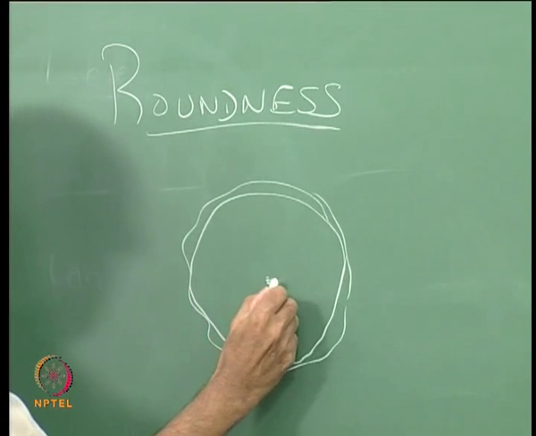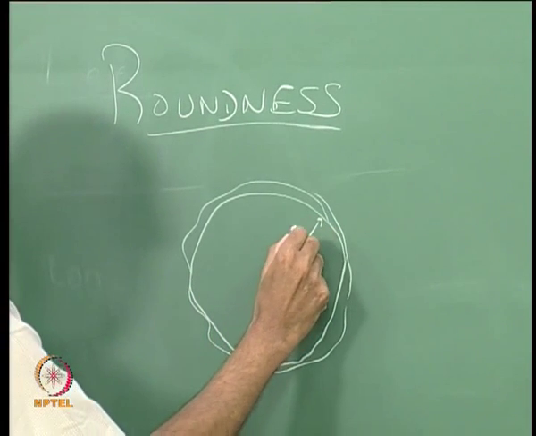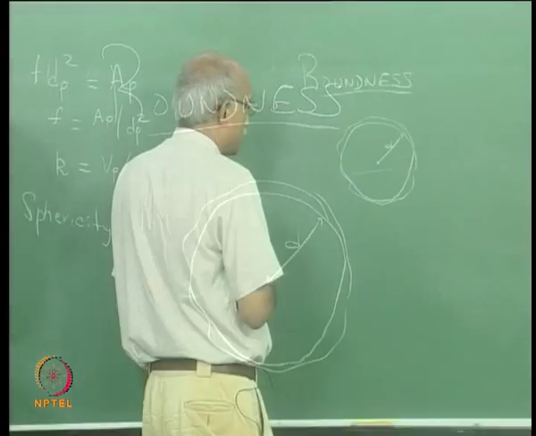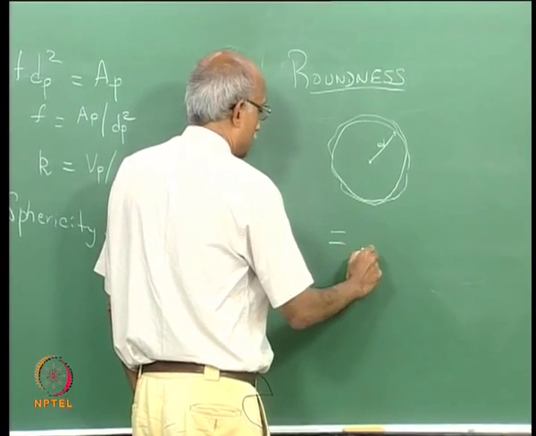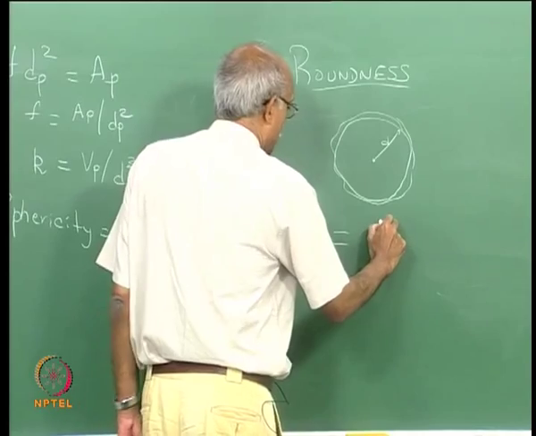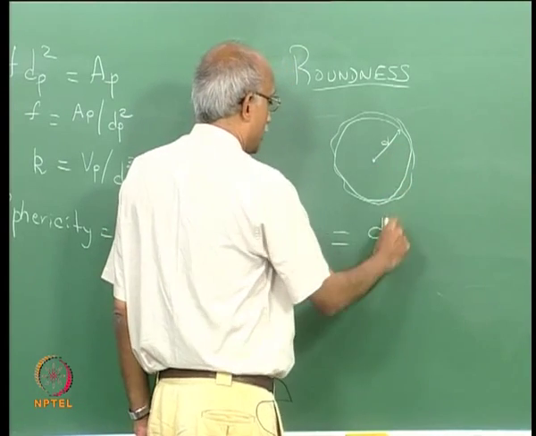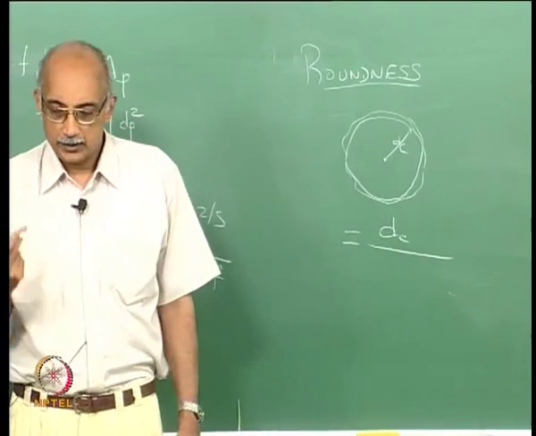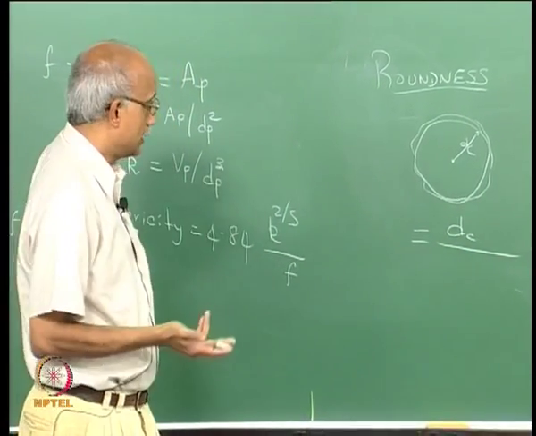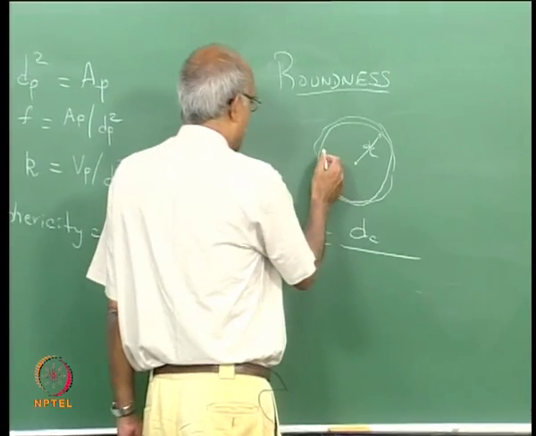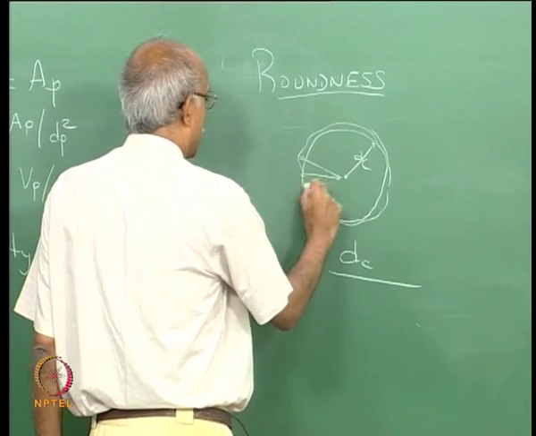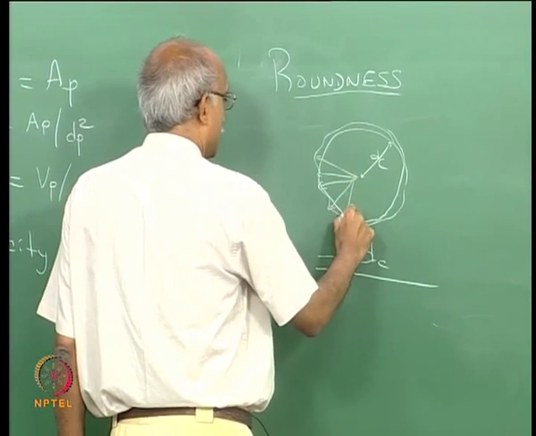So from here you take the diameter of this inscribed circle which gives the best fit to the profile, and that actually goes in the numerator. Let's call this dC. He then divided that by the mean diameter of all the curvatures that are present in the particle.